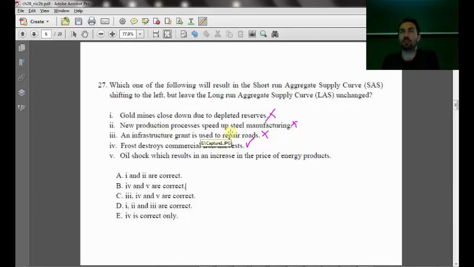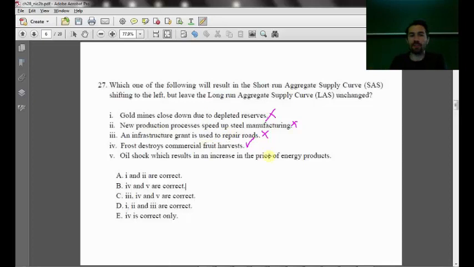So it definitely has a short-run effect. Does it have a long-run effect? Not necessarily. What tends to happen with oil price shocks, though, is they can have long-run effects. But the price of oil changes all the time, and it doesn't mean that our long-run productivity changes all the time, right?